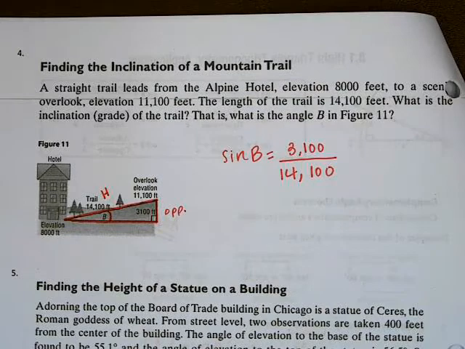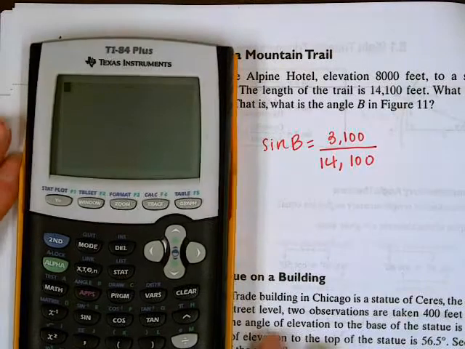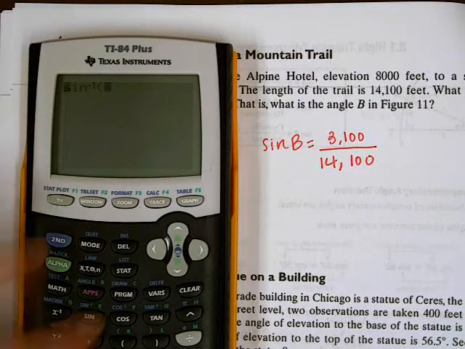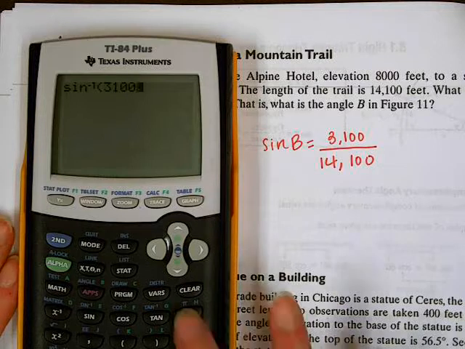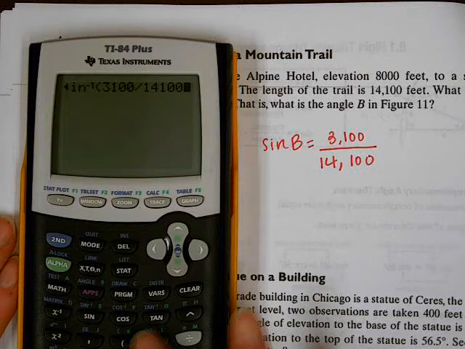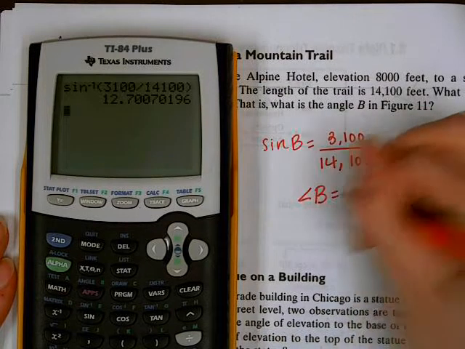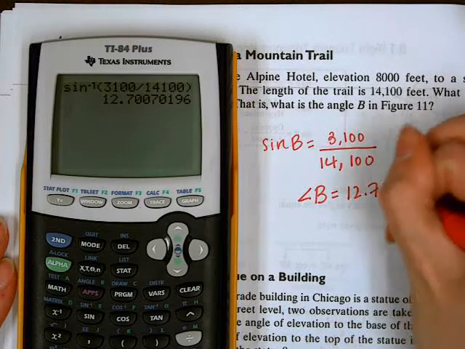14,100. Now, if you remember from Geo last year, if you're missing an angle, you do inverse trig. So we're going to do inverse sine, 3,100 over 14,100. This gives us angle B is 12.7 degrees.